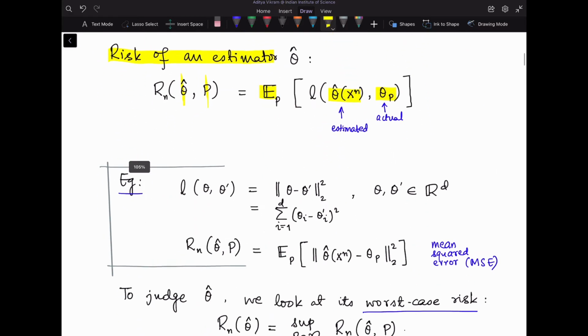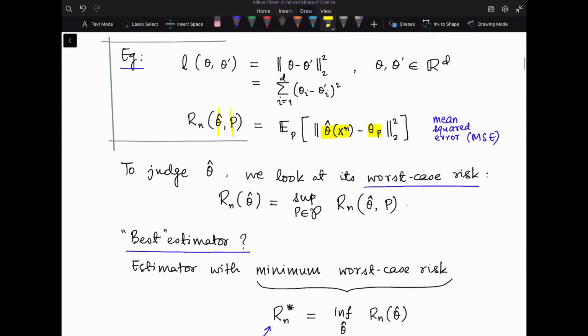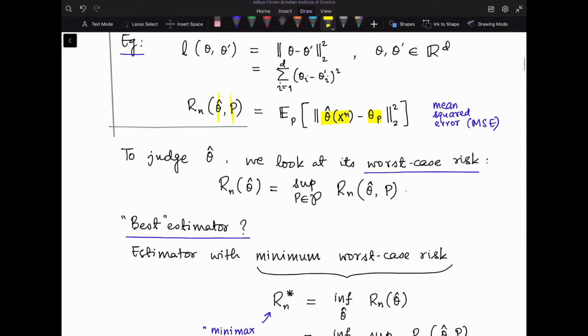So for instance, for the Gaussian mean estimation problem, we could have a loss function which is the square of the Euclidean distance. In this case, the risk you assign to an estimator theta hat at P is the mean squared error between what you estimate and the actual parameter. Now corresponding to each estimator, we have a whole bunch of numbers.